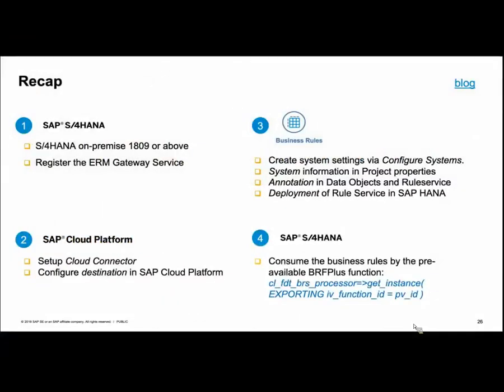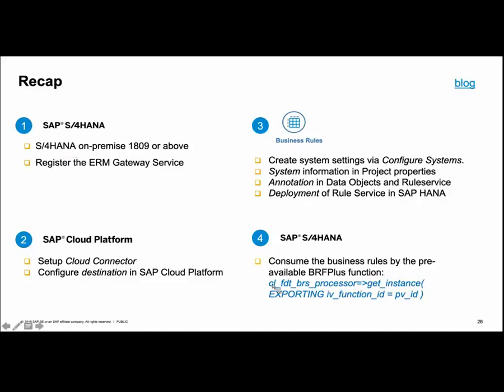Okay, again, the quick recap. I won't walk through it again, but the only difference is that it is available with S4 HANA 1809, and for that you need to register an ERM gateway service, because that is our main component that establishes the communication and creates and persists the ABAP artifacts in the runtime repository.